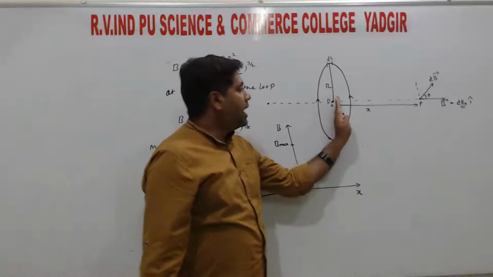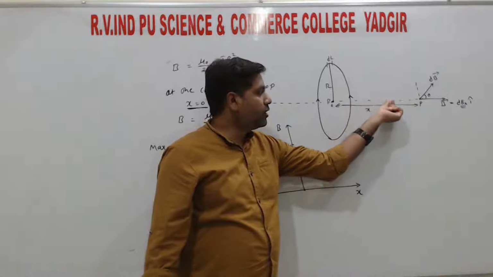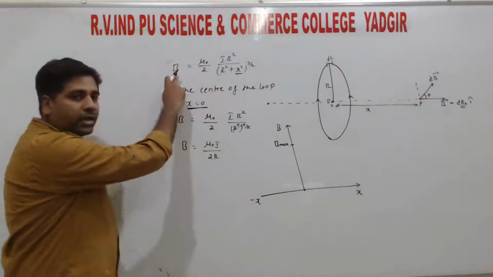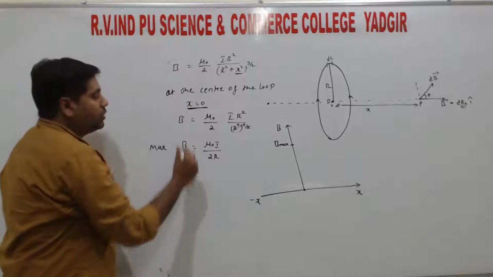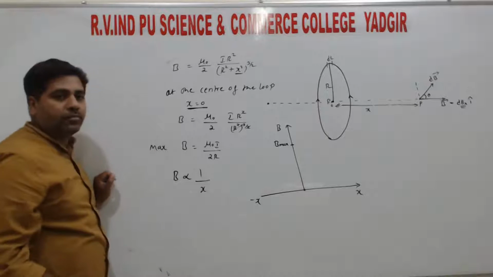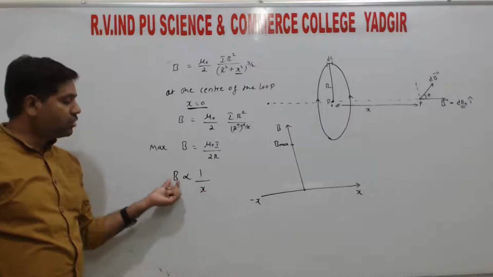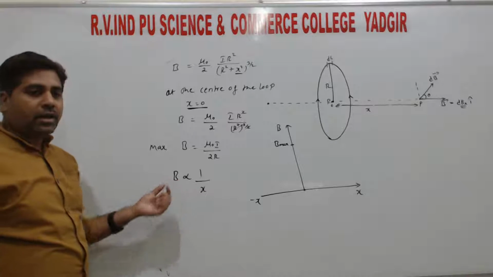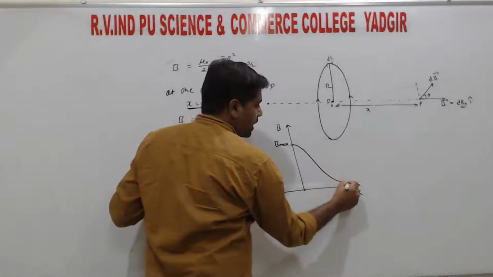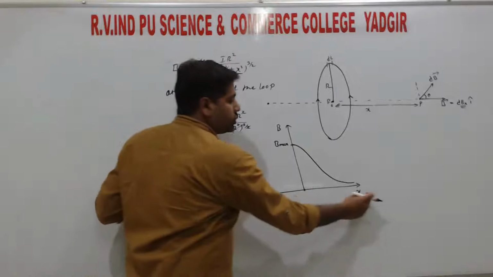As the distance from the center of the circle increases, the magnetic field decreases, because B is inversely related with x. If we plot the graph, we get a curve like this for the positive x axis.